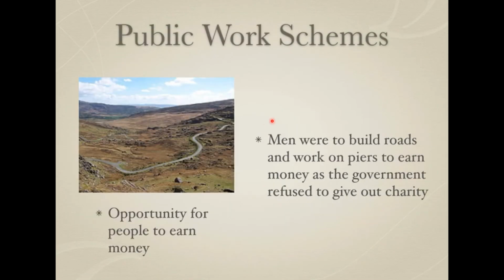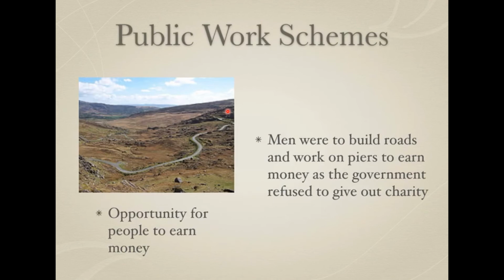Another scheme that Peel set up was the Public Works Scheme. Now, this was where men were sent out to build roads and work on piers to earn money, as the government refused to give out charity. We can see here one of the roads that they created.